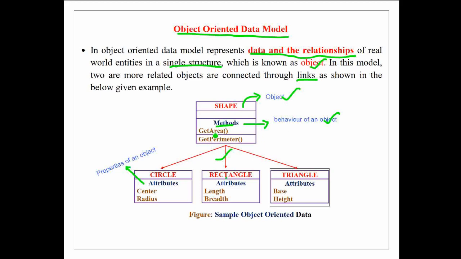Here the object circle has the attributes center and radius, where attributes are the properties of an object. Since center and radius are the properties of a circle, here it is mentioned as its attributes. Similarly, a rectangle has the attributes length and breadth, and triangle has the attributes base and height.